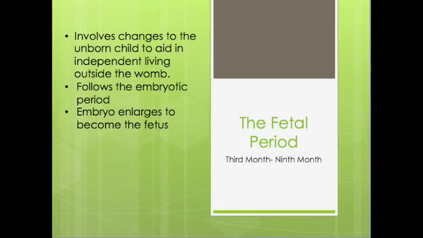After the embryonic period, we transition into the final stage of prenatal development, the fetal period. From the completion of 8 weeks of pregnancy until the end of pregnancy, the developing human enlarges to become a fetus or unborn offspring of a mammal. During this stage, developmental changes are occurring to help aid the fetus in independent living outside of the mother's womb.